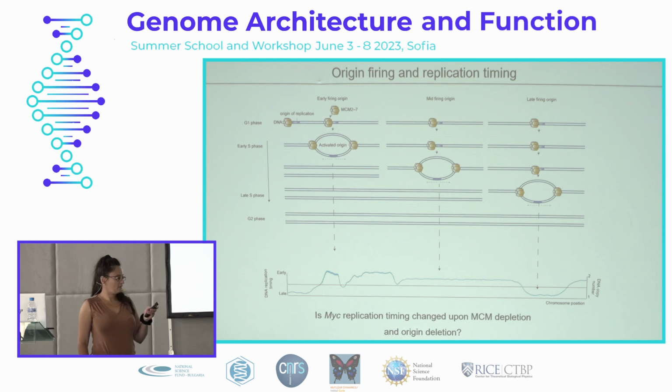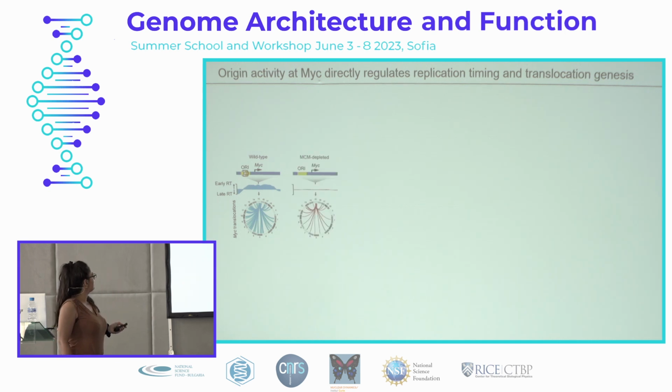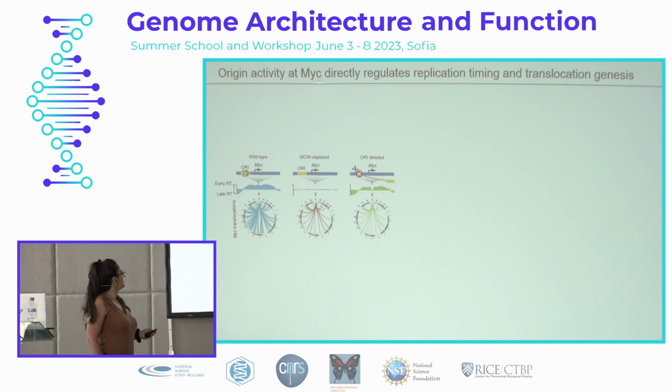To check this, we performed an assay called replication timing sequencing, and we observed that normally MYC is an early replicating gene, and this is the situation where we get the translocations. When we deplete MCM, we have an asynchronous replication. So MYC becomes asynchronously replicated, and this is where we have the decrease of translocations. And when we delete the origin, we saw a very interesting phenotype: MYC becomes late replicating.